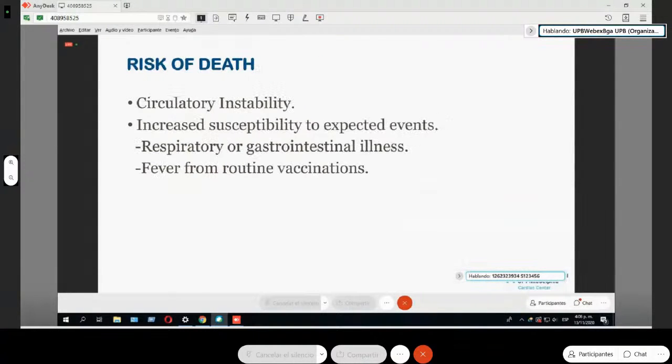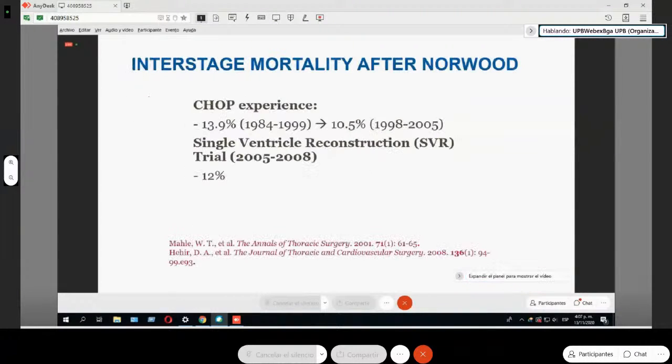De manera no sorprendente, los padres también van a estar muy estresados en estos interestadios. Hemos discutido ya que hay riesgos de fallecimiento debido a esa inestabilidad de la circulación y esa susceptibilidad creciente a eventos inesperados como enfermedad respiratoria, gastrointestinal o fiebre, que puede venir incluso de vacunaciones rutinarias, y que puede producir descompensaciones en los bebés más frágiles.